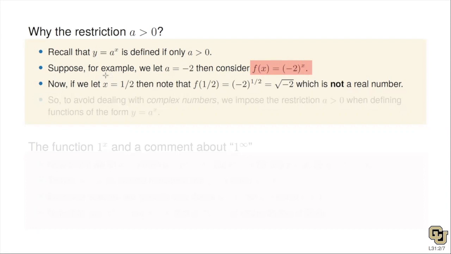So now I pick x to be 1/2, the input to be 1/2, and I want to look at f of 1/2, which now looks like -2 raised to the 1/2. I end up trying to take the square root of a negative number, which gives us a complex number.